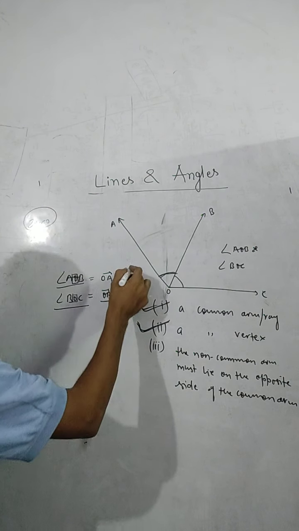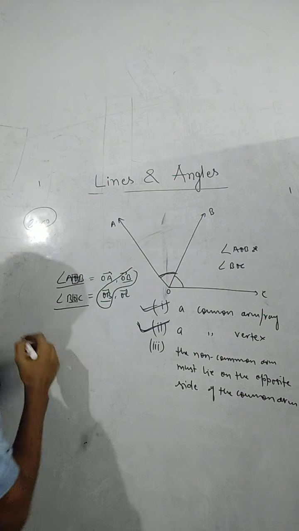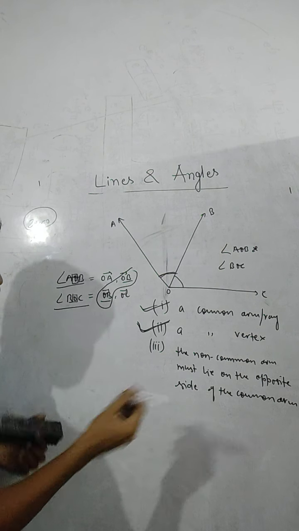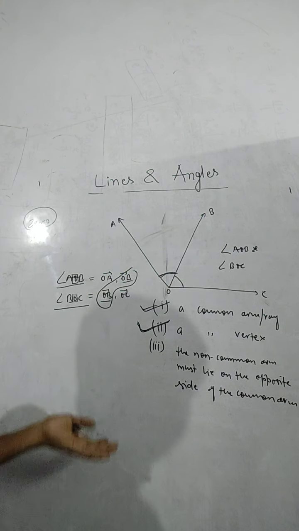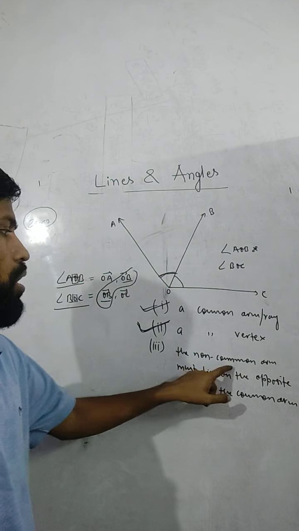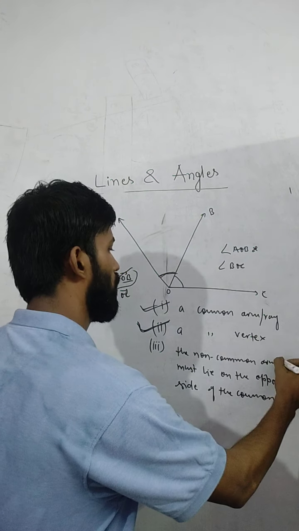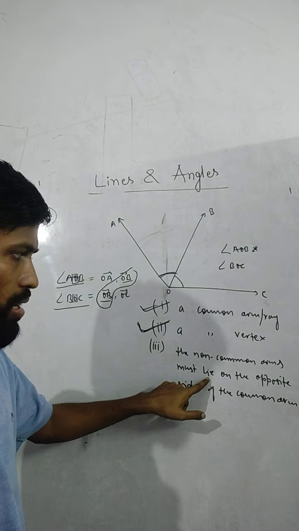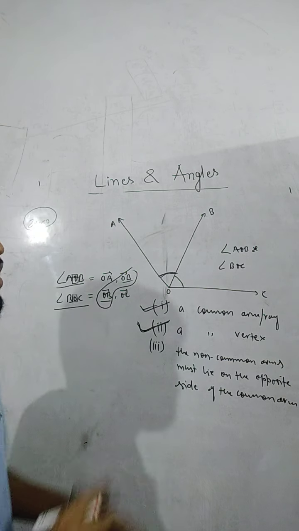If OB is common, then very simple, OA and OC are not common, meaning they are non-common. So the non-common arms must lie on the opposite side of the common arm.